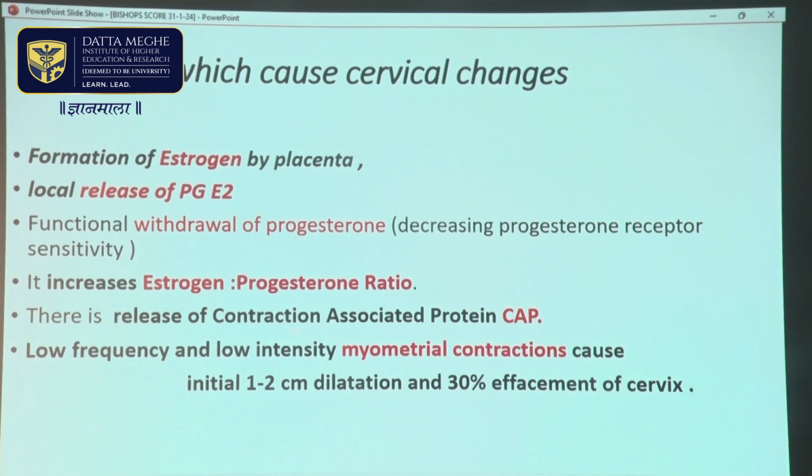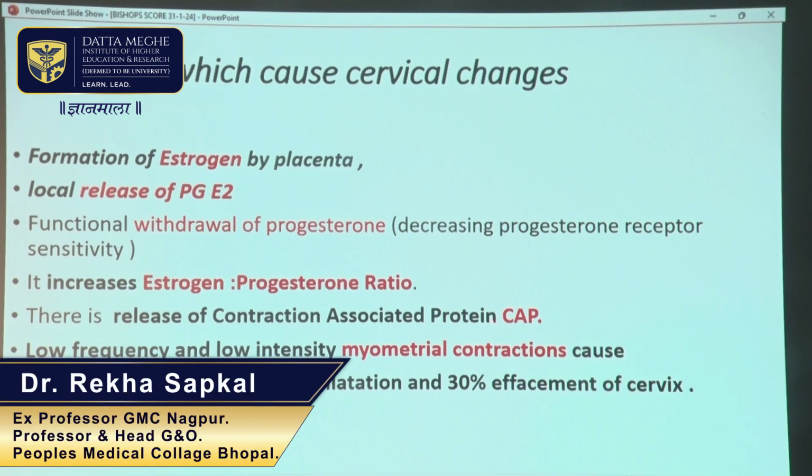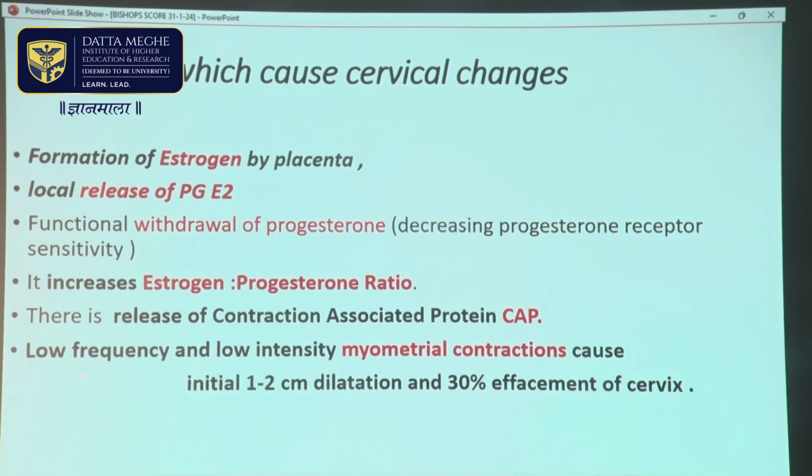These are the receptors for oxytocin and prostaglandin, the uterotonics, over the surface of the uterus. There are uterine contractions, but of low frequency and low intensity. That is how initial dilatation of the cervix is hardly 1 to 2 centimeters, and there is also initial effacement of the cervix, about 30%. So, this is the beginning of the ripening of the cervix.